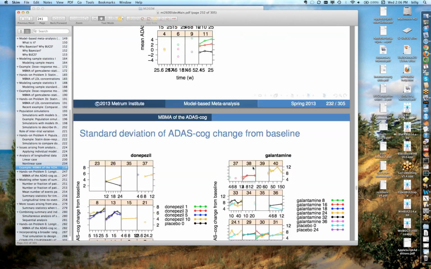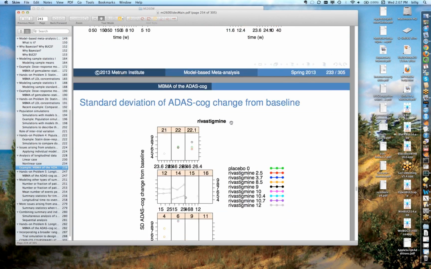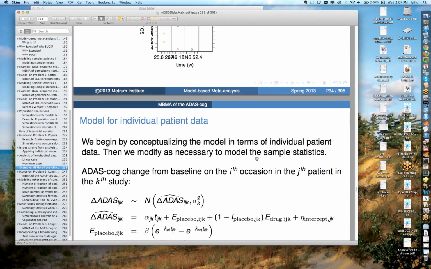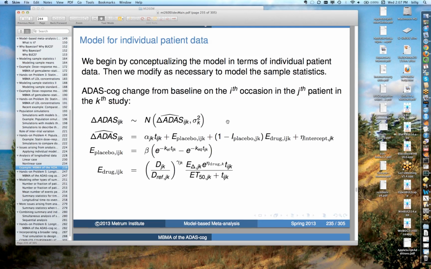So I'll just remind you of the model we were using, and this is not from your hands-on example, but the one that we used as a demonstration in class. Let's see, where are we going? We've got our normally distributed residual variation in here, and then again it's ADAS-COG change from baseline.